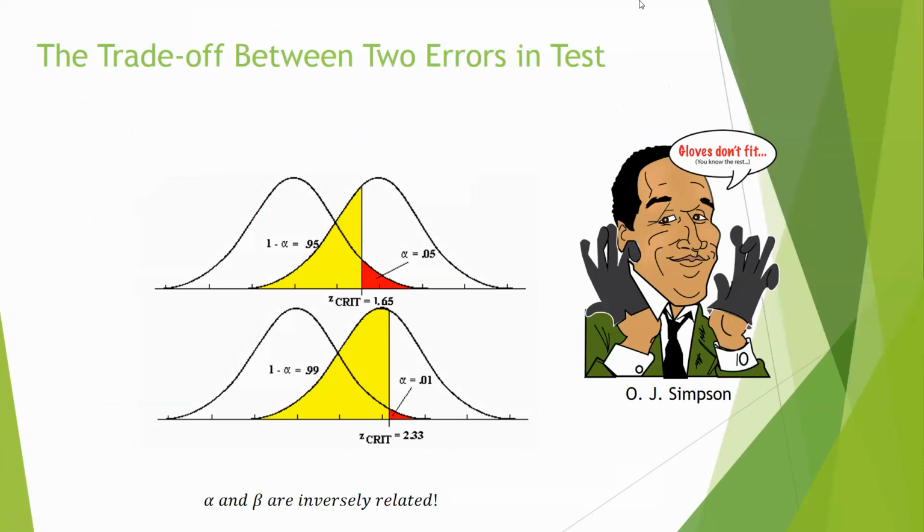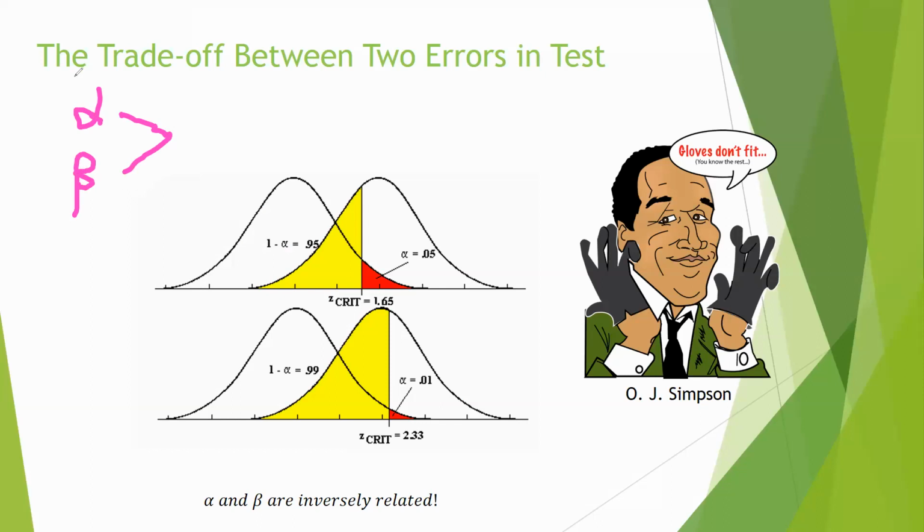So we have mentioned there are two types of errors, right? Type 1 error and type 2 error. Actually, these two errors are not independent. If you want to perform a statistical test for any hypothesis, there are two types of errors, alpha and beta, and they are not independent.